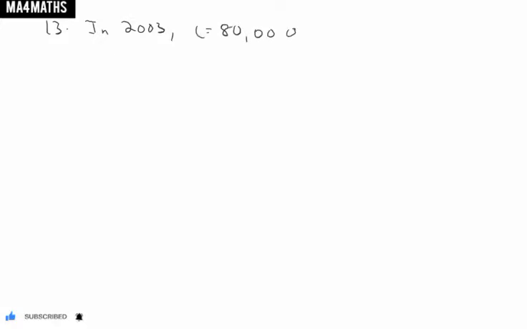So the initial amount C is 80,000, and the rate is 4%, which is 4 over 100, which is 0.04. This is 4% per year. And what is it doing? Is it growing or not? According to the problem, it's growth.